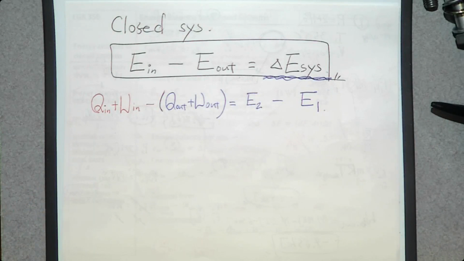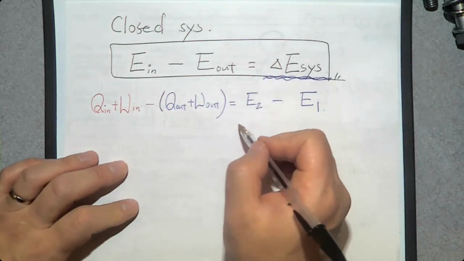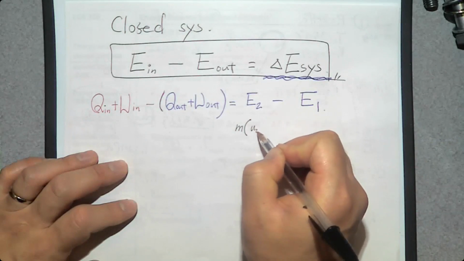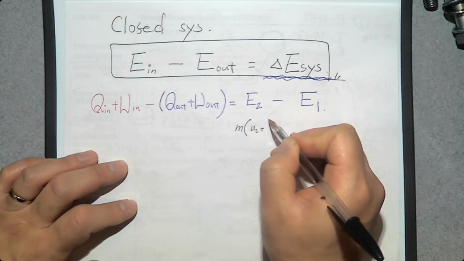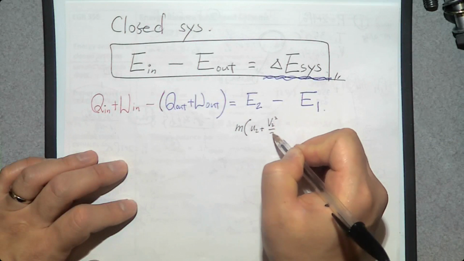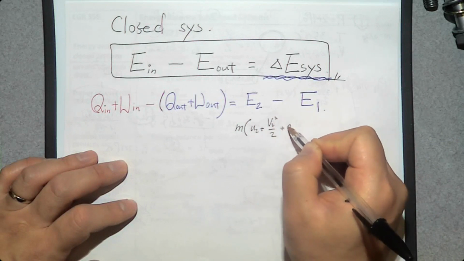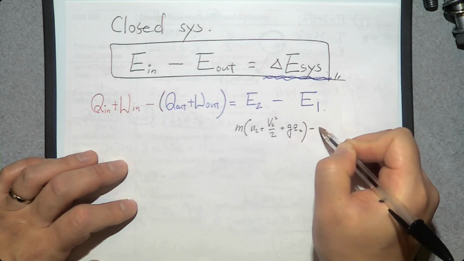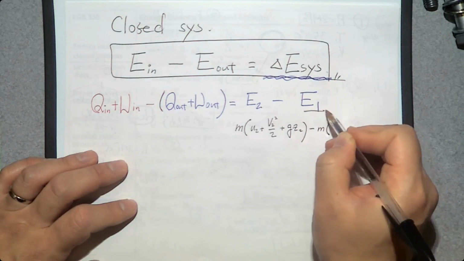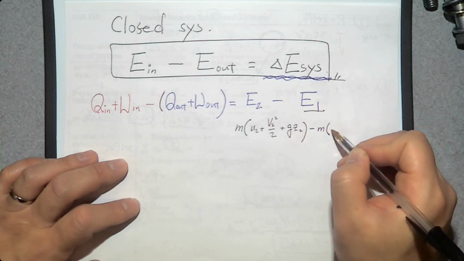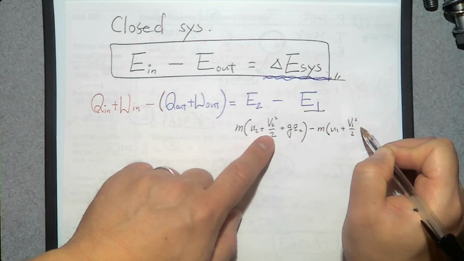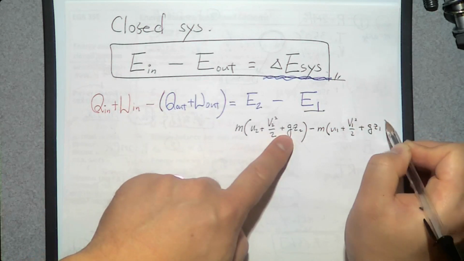And how do you determine this total energy? Mass times specific internal energy u plus specific kinetic energy V2 squared over 2 plus specific potential energy, gravity times elevation z2, minus mass times the initial state u1 plus kinetic energy V1 squared over 2 plus g times z1.